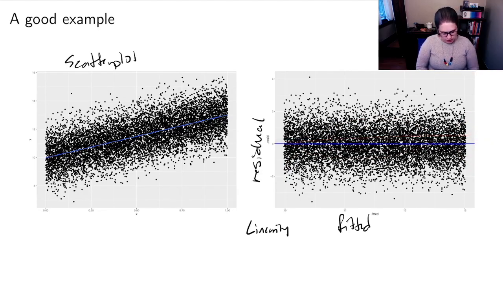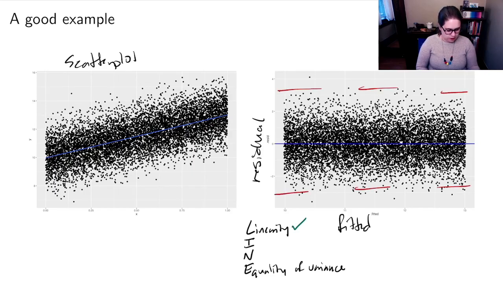So linearity looks like it is met. I can't check independence or normality very easily from this, but I can check equality of variance. And what I want to see is kind of an even band of residuals the whole way along. And in this case, it looks like that condition is met.